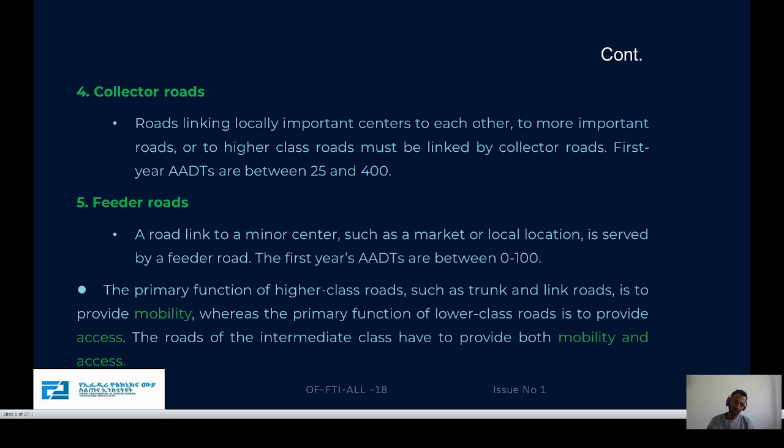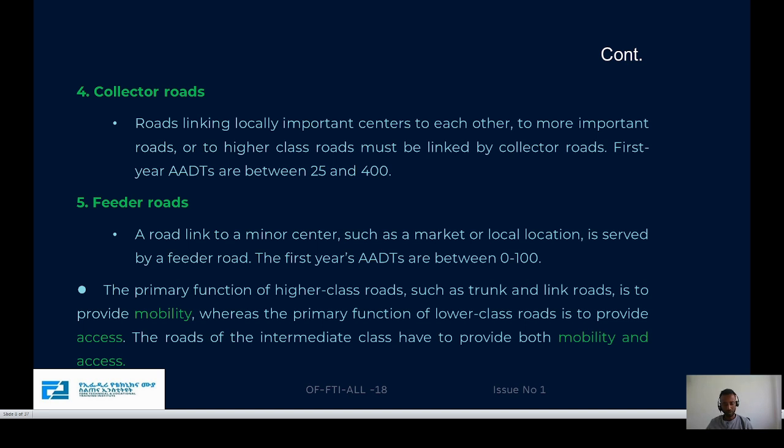Coming from trunk roads to the feeder roads, the standard will decrease, and the speeds will also decrease. Coming to the feeder roads, the standard, meaning the widths, the number of lanes, and the geometric conditions, will also decrease.